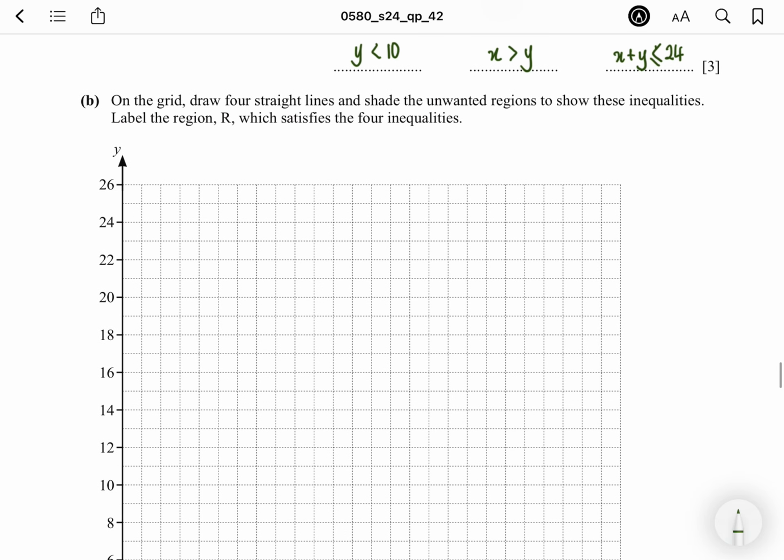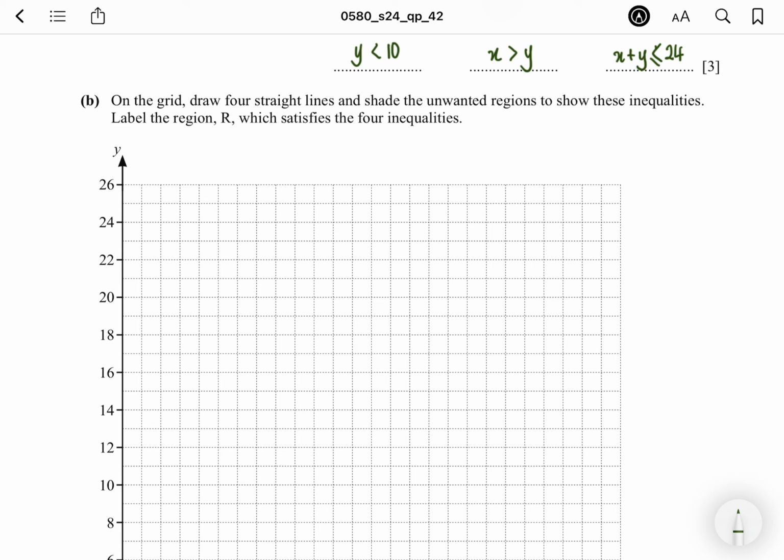Okay. On the grid, draw 4 straight lines. Okay? Yang mau 4 straight lines and shade the unwanted region. The unwanted region. Now actually nya soalan ni masa zaman teacher.